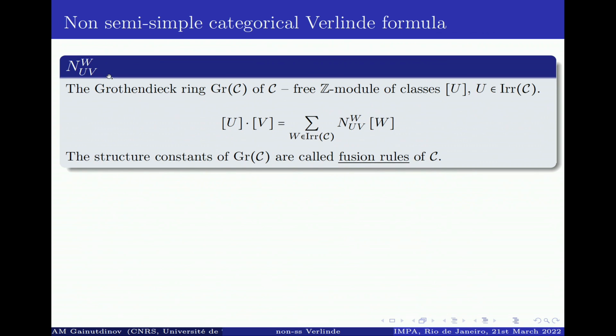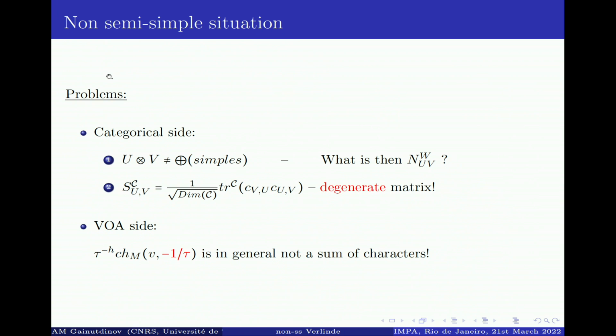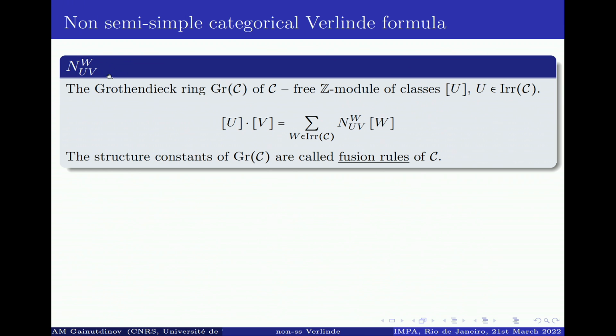Let me first explain. We're going, of course, to solve all these problems. What I will call N_UV^W, because in the non-semisimple situation there are several choices for what you could call N_UV^W, will be the structure constants in the Grothendieck ring.